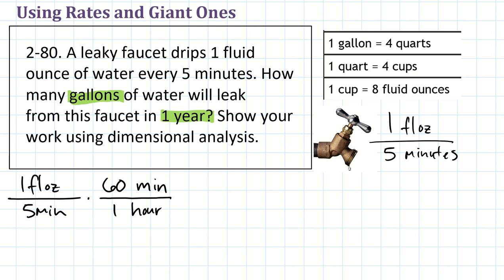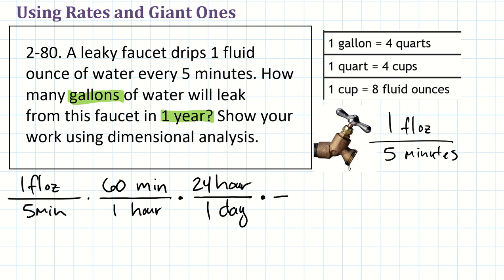I'm just going to keep going and then we'll see that our units cancel. Now I'm living at hours and I want my hours to be eliminated as a unit. Again, my goal is to get to years. I can see that I have an hour in my denominator, so I'm going to put hours in my numerator. And when I do that, I can go to days because I know that 24 hours is equal to 1 day.